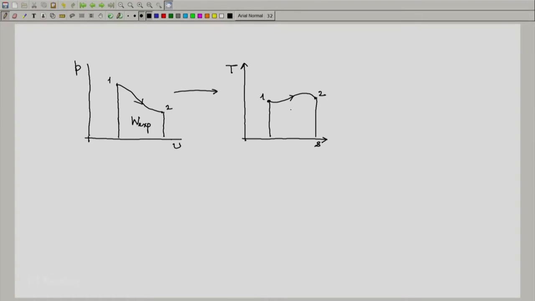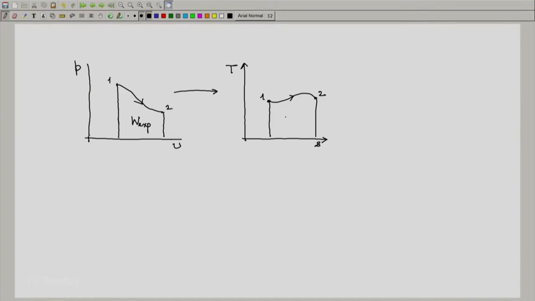out, but since dS will in general be greater than or at most equal to dQ by T, TdS will be greater than or equal to the heat transferred.